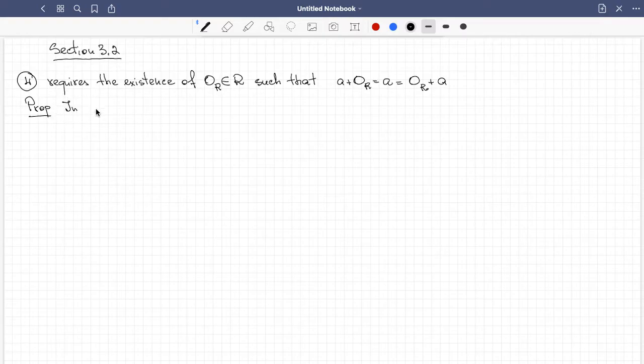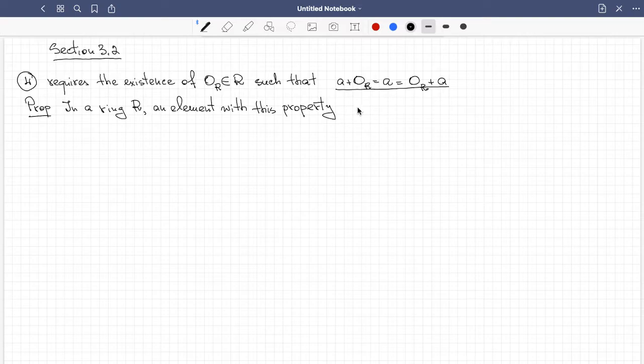In a ring R, an element with this property is unique.